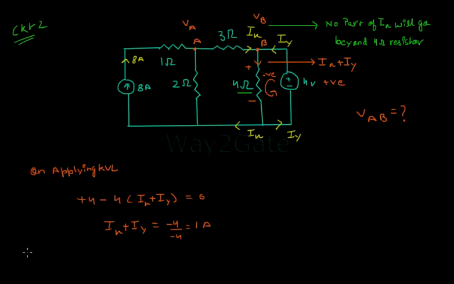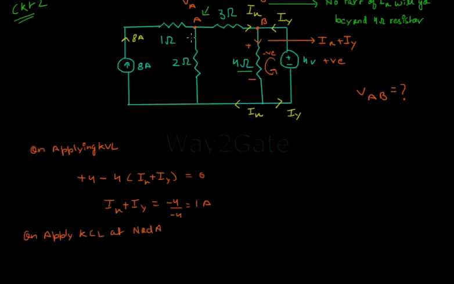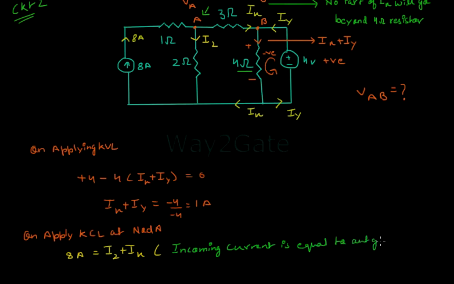On applying KCL at node A, we have 8 ampere is equal to I2 plus Ix, where incoming current 8 ampere is equal to sum of outgoing current, that is I2 and Ix.